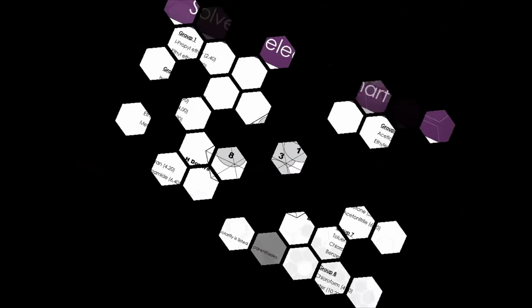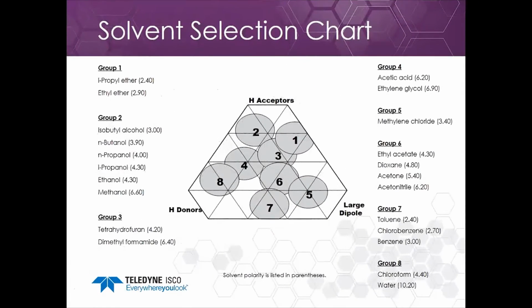Next, we're going to talk about selecting your mobile phase system. So this is a really important slide that shows the differences in different solvents. We can group solvents based upon whether they are hydrogen bonding acceptors or hydrogen bonding donors.